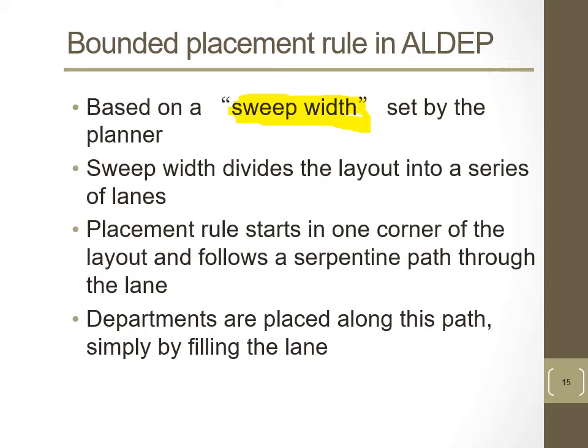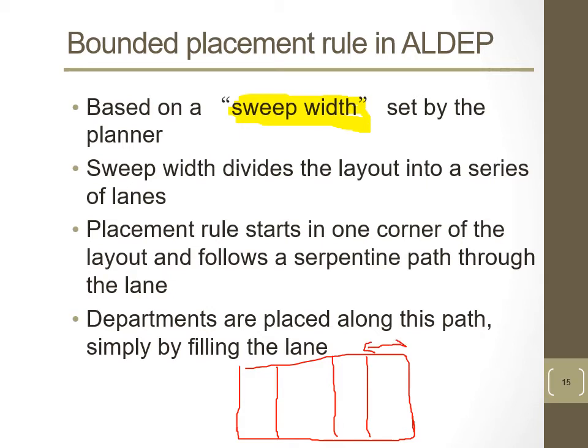Then the placement rule starts from one corner of the layout. Okay, let me sketch. Let's assume that this is our total layout. With this sweep width, in fact, we divide this total layout into a number of lanes. So this length here is the so-called sweep width, and they are all equal to each other, all these lengths. Then ALDEP starts placing the departments starting from one corner.